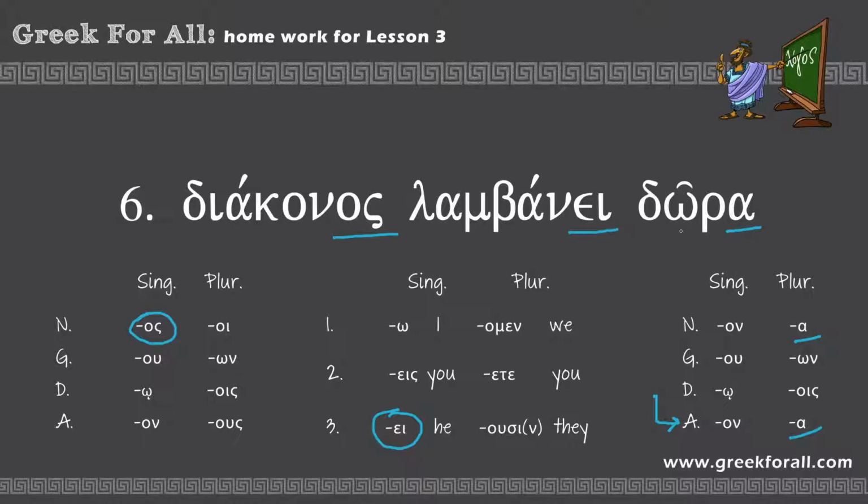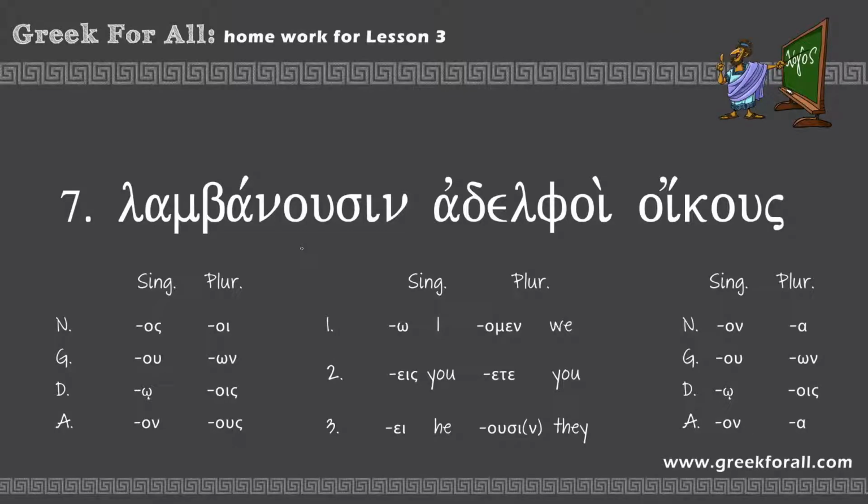So dora cannot be the subject because it doesn't agree with the verb in number. This is our subject. Now let's translate this sentence. Diakonos lambanei dora means a servant receives gifts, or a minister receives or takes gifts.